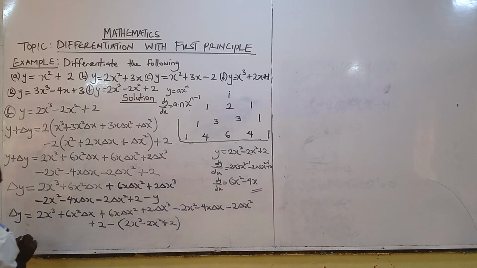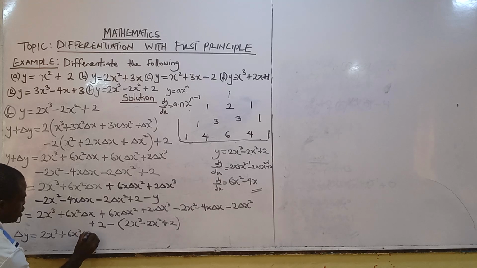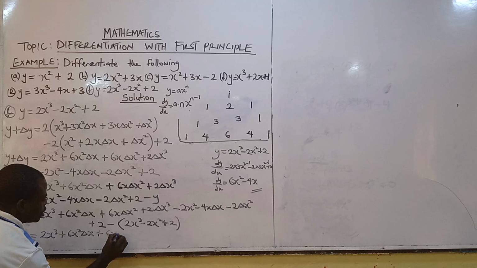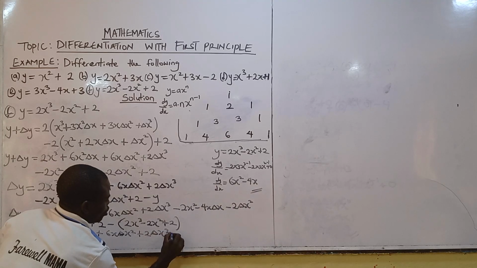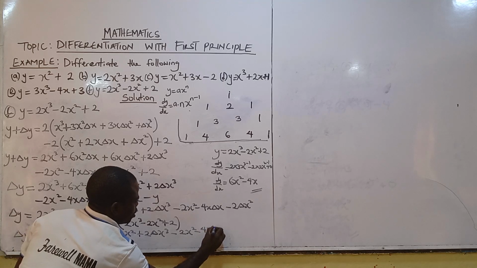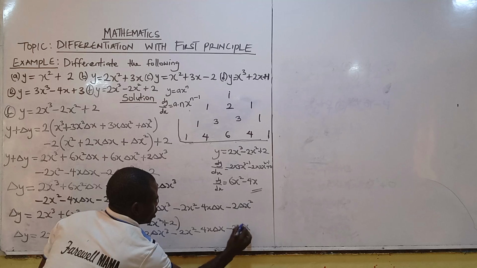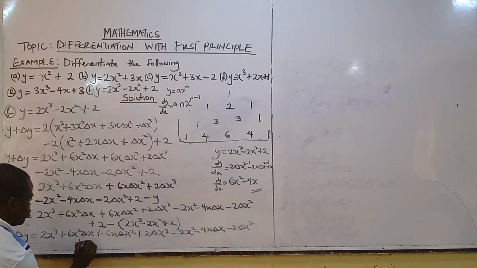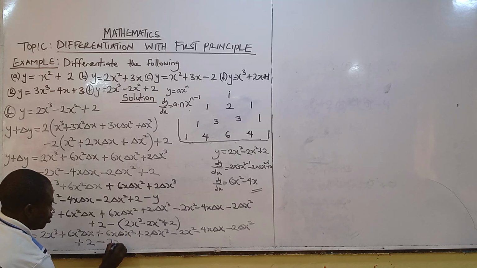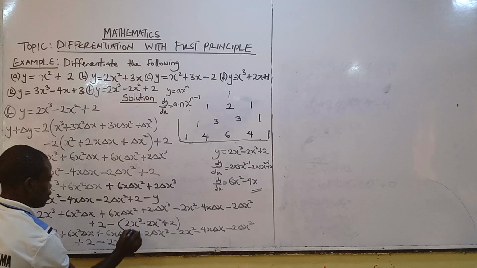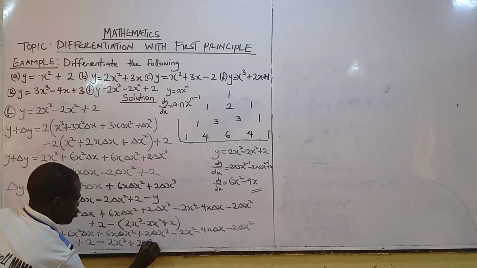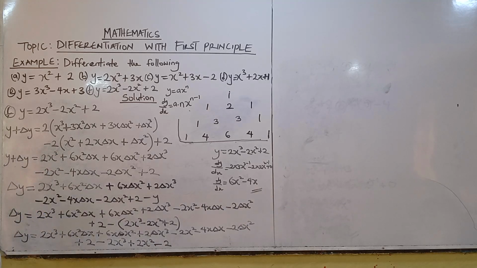Please be very careful of the sign, or you get it wrong. dy equals 2x cubed plus 6x squared dx plus 6x dx squared plus 2 dx cubed minus 2x squared minus 4x dx minus 2 dx squared plus 2, minus, let's open the bracket, that's minus 2x cubed, minus negative and negative plus, 2x squared minus 2.